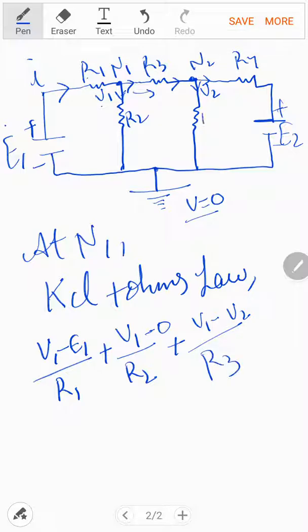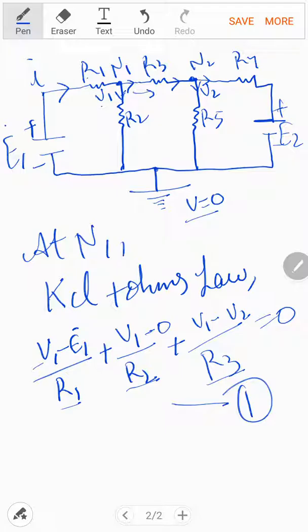We forgot to mention this resistance, let's keep it R5. So its sum will be 0. Let's call it equation 1. The resistances will be given in any problem, and the voltages will also be given. So we only have to calculate V1 or V2. First we keep this equation 1 at node 1.